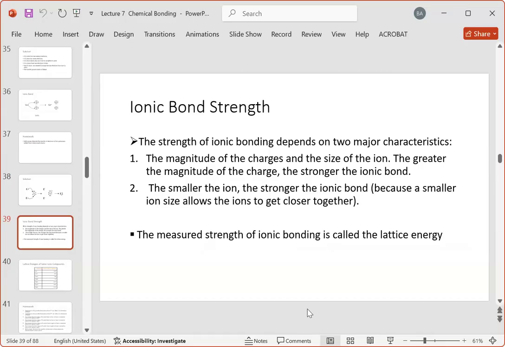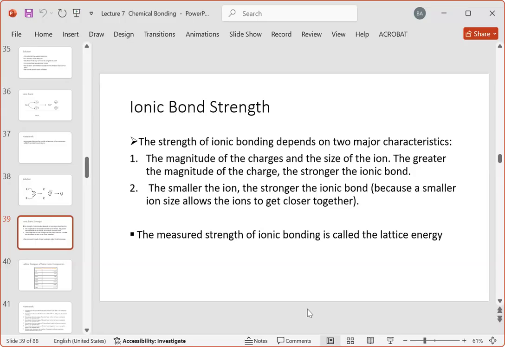The magnitude of the charges and the size of the ion. So the greater the magnitude of the charge, the stronger the ionic bond. If the charge is big, then the bonding will also be big.